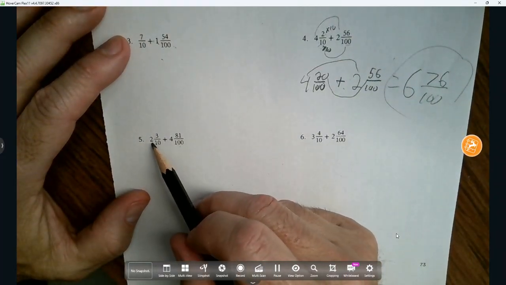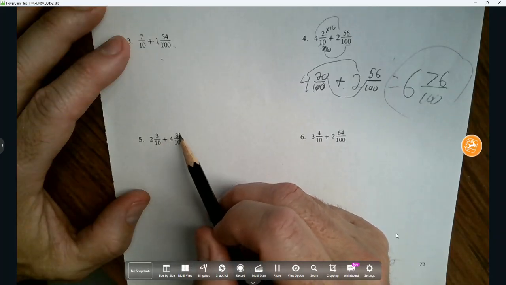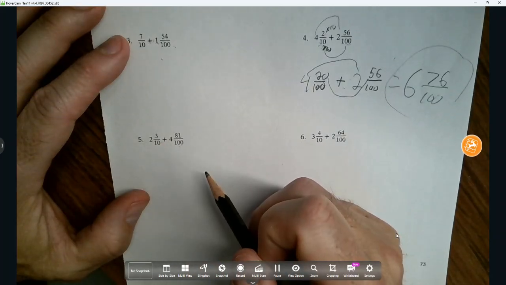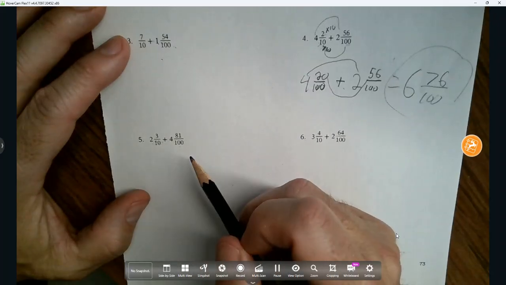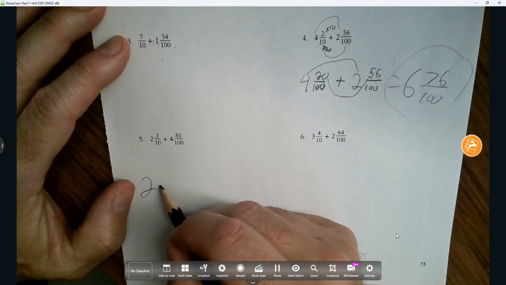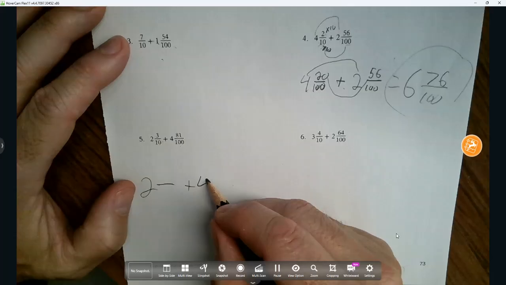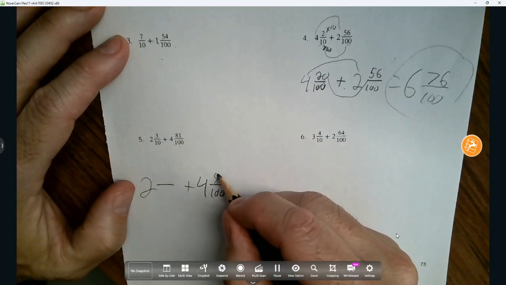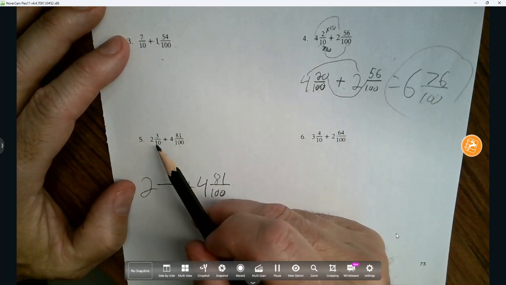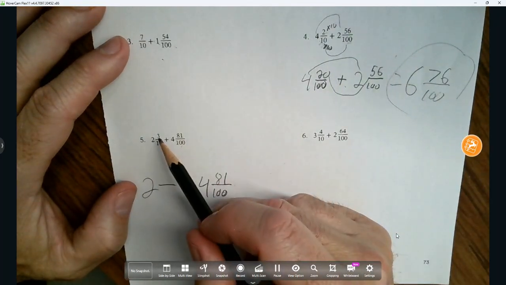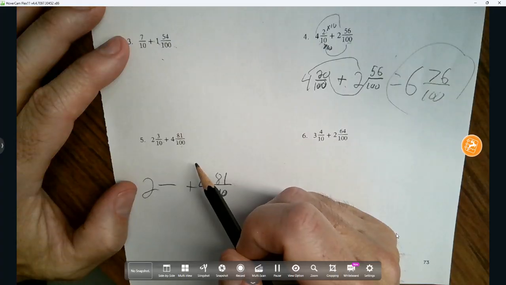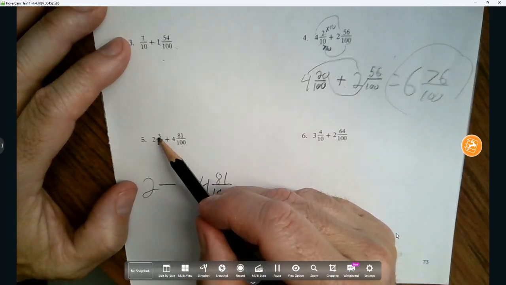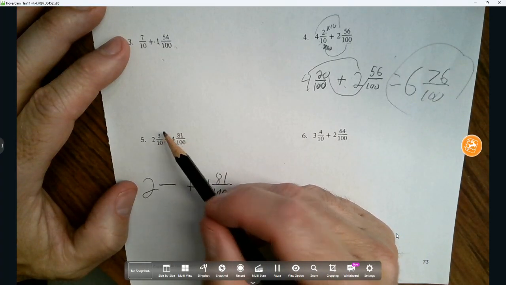All right. We have 2 and 3 tenths plus 4 and 81 hundredths. All right. So these aren't hundredths, so we need to do it again. So we're going to go 2, our line, plus 4, our line. For our fraction, our hundredths goes under, 81 on the top. But remember, when we're multiplying by 10, we're pretty much just adding a 0 behind the numbers, right? Because all we're doing, we multiply the whole number by itself, and then we're adding the 0 behind there.